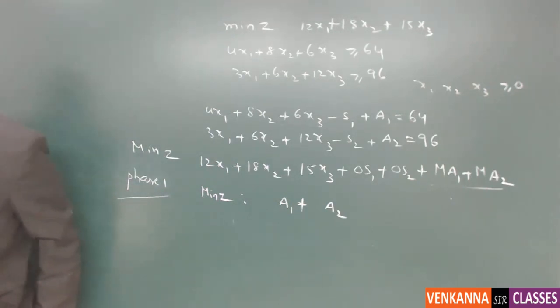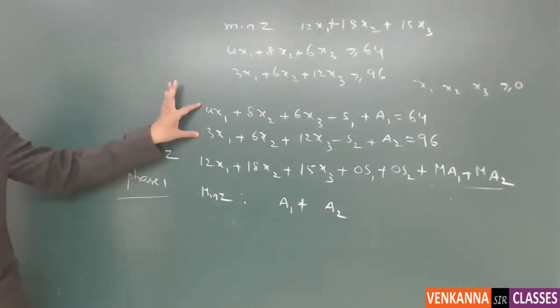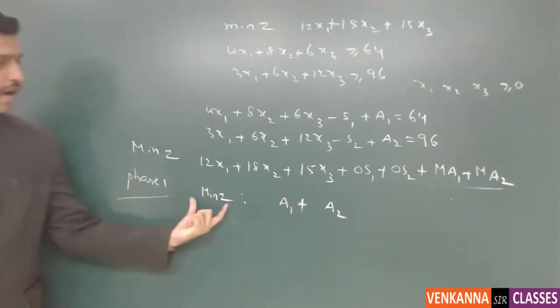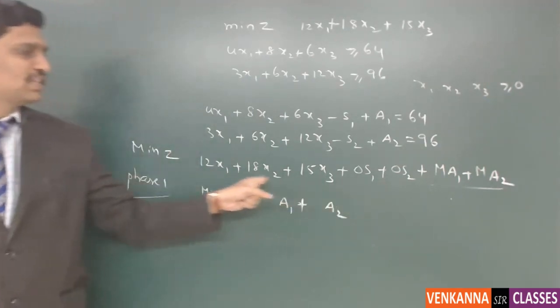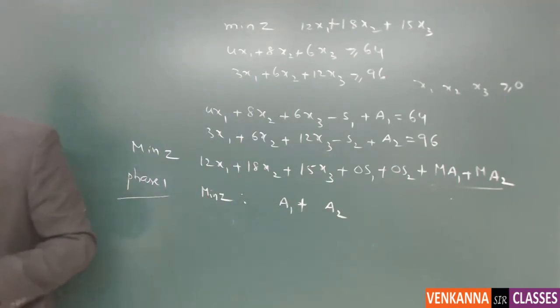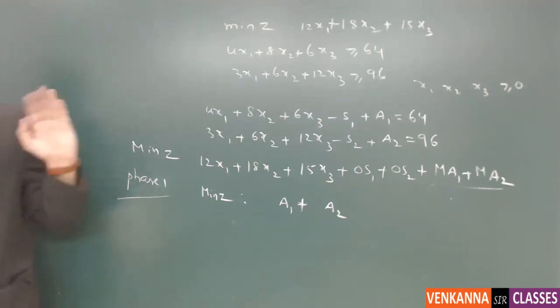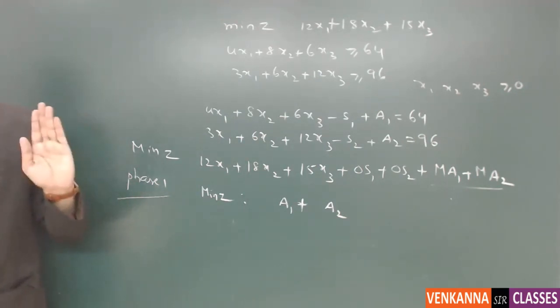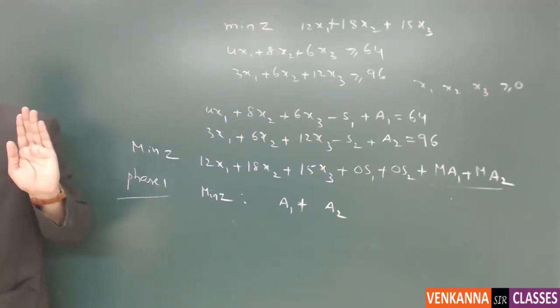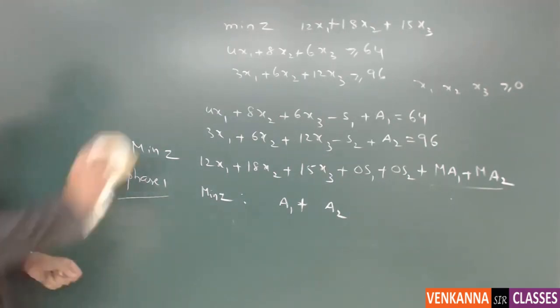That is the thing. Clear? So we are not disturbing the subjective conditions. We are just rewriting the objective function like this so that all these coefficients are 0 for the decision variables x1, x2, x3. So based on this, we are constructing the simplex table. Clear or not? So can I go for the table calculation now? Okay, I will erase this.